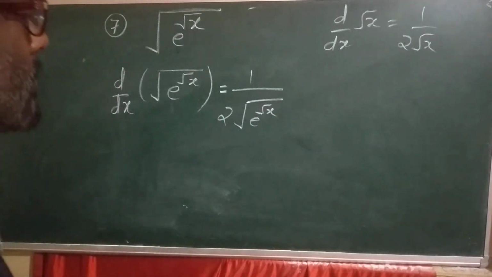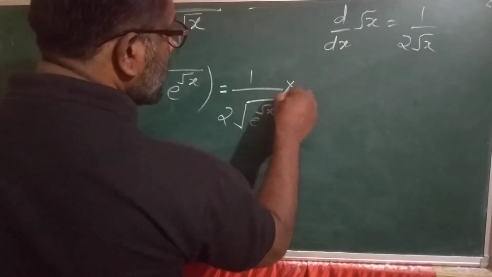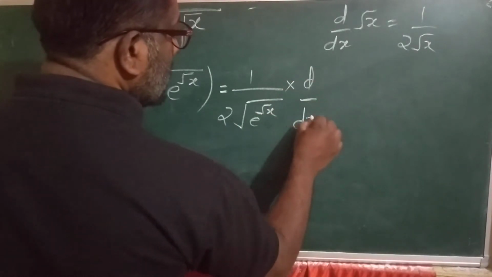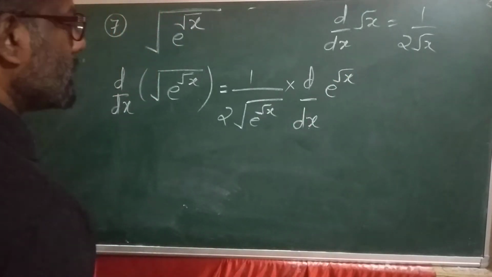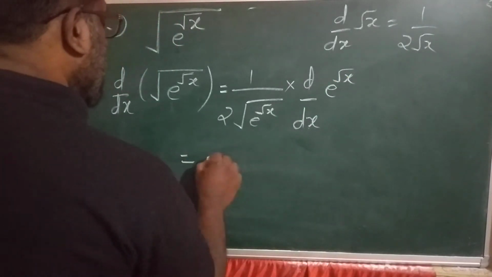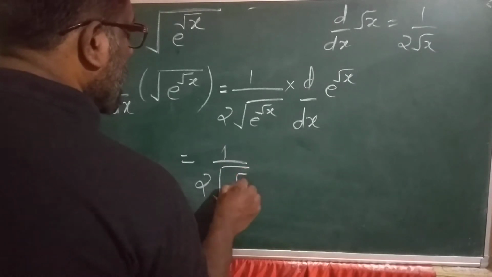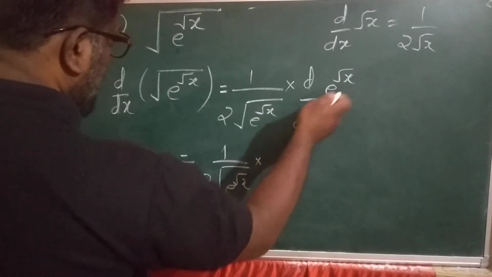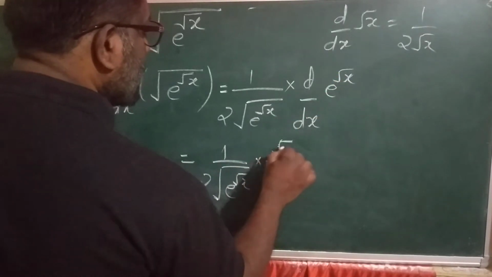The next derivative is for e to the power root x, that is 1 upon 2 root e to the power root x, and the derivative of e to the power root x is e to the power root x only.